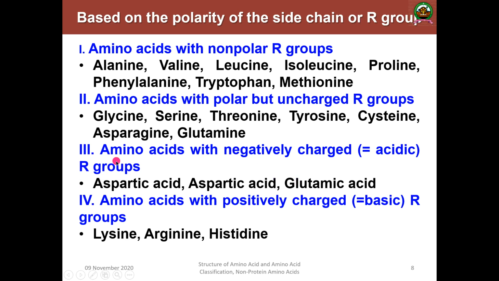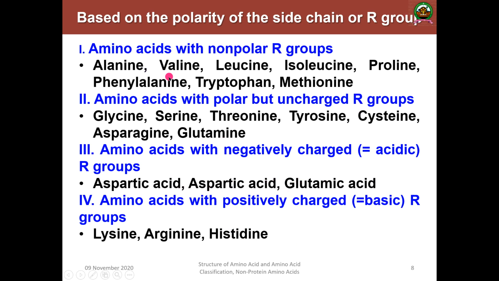Then amino acid with a positively charged or basic R group. Examples are lysine, arginine and histidine. So these are the main types of amino acid with a positively charged side chain group.